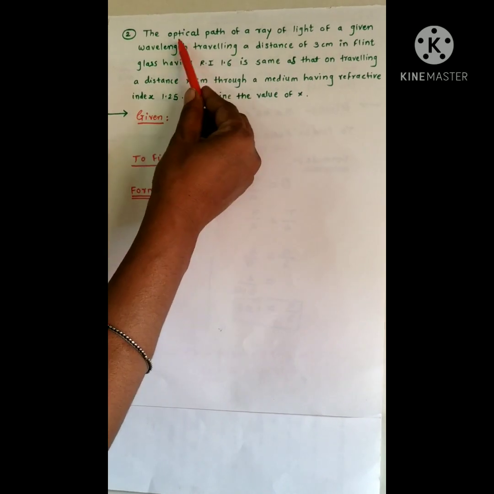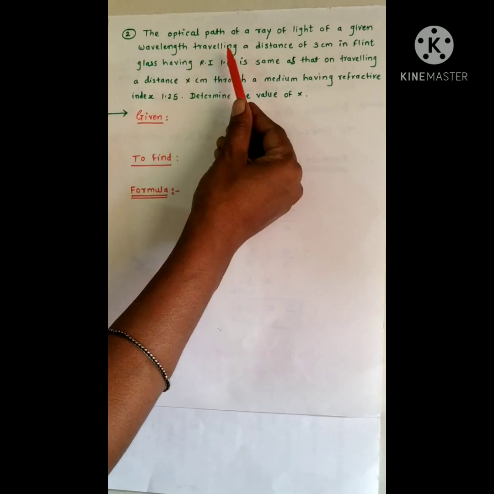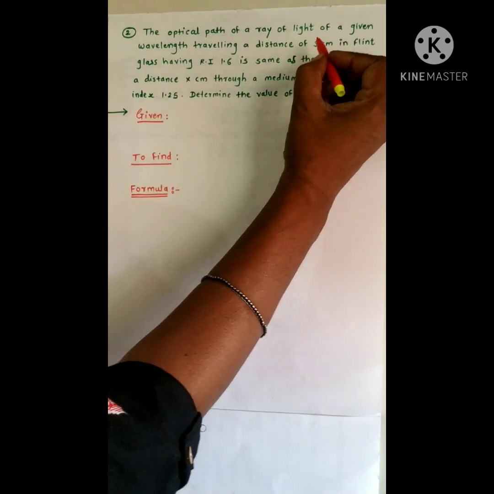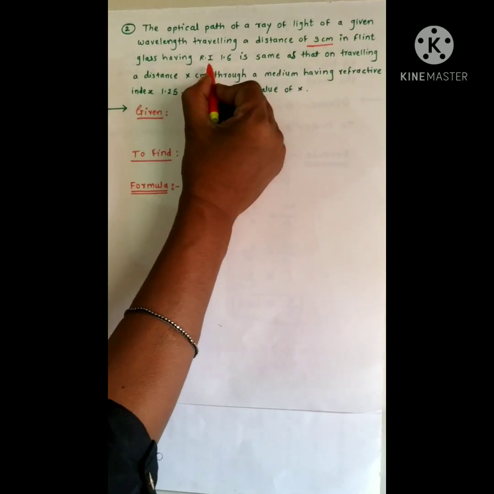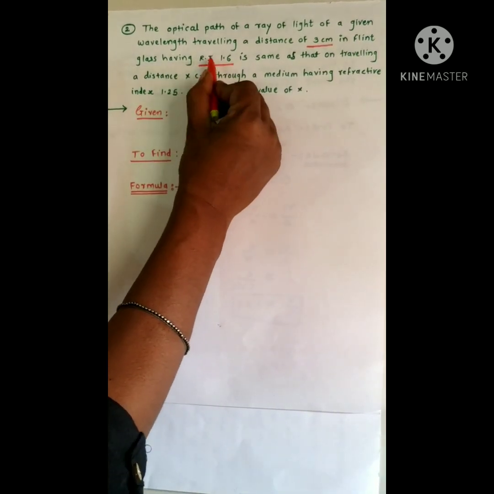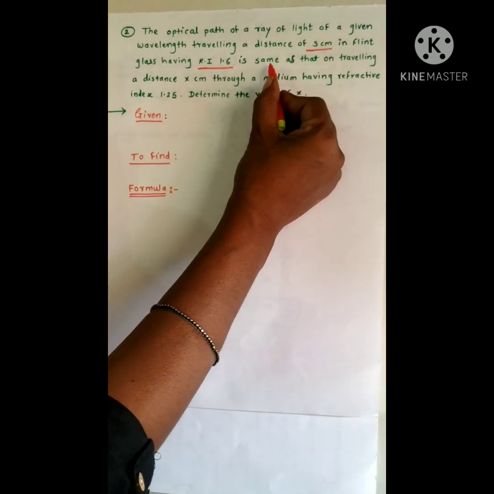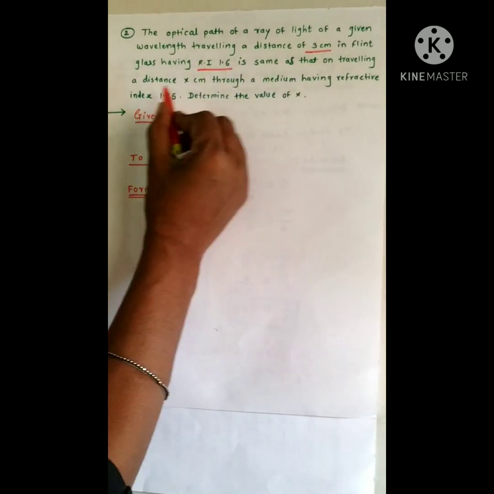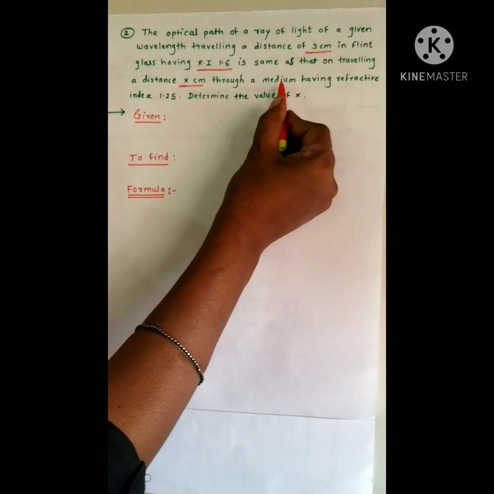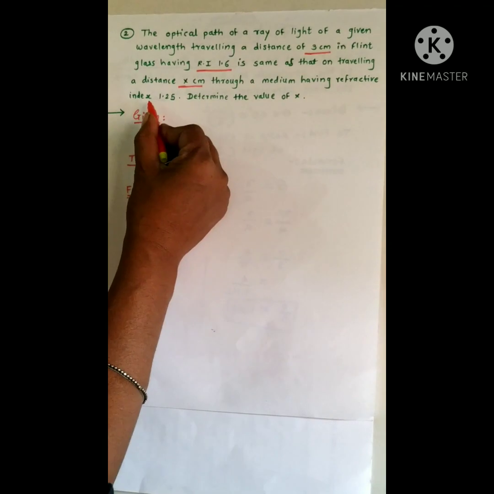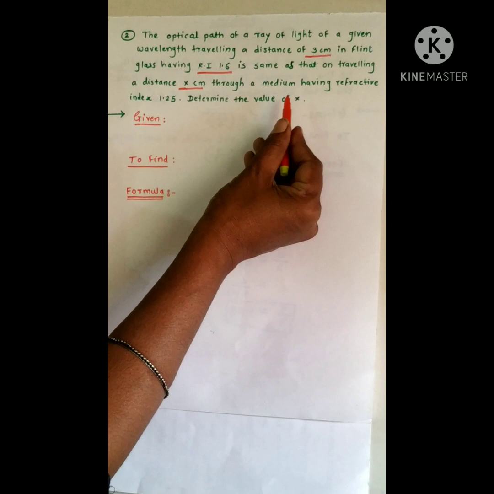See, the optical path of a ray of light of a given wavelength traveling a distance of 3 cm in flint glass having refractive index 1.6 is the same as that on traveling a distance x centimeter through a medium having refractive index 1.25. Determine the value of x.